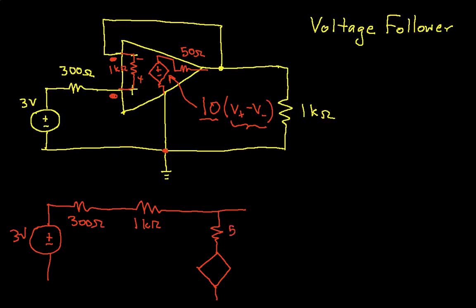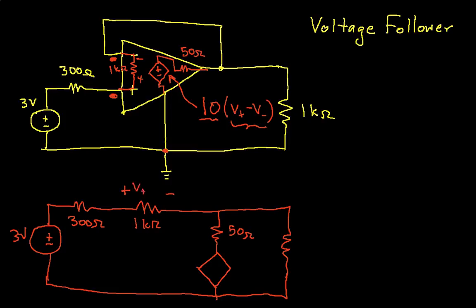So this is 50 ohms, and this is 1 k ohm. And then we have plus or minus.